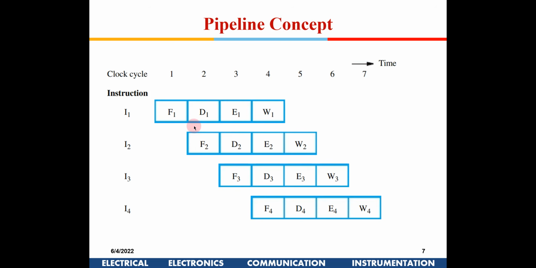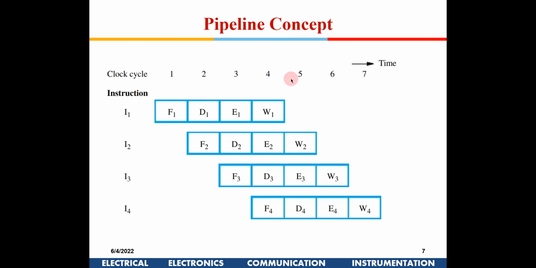Now, parallelly in the pipelining structure, once this instruction is fetched and decoding is happening out here, you can fetch the second instruction without waiting for this entire cycle to complete. In the third clock cycle, this decoded data will start getting executed. Meanwhile, this fetched data will start getting decoded, and the third instruction will be fetched out here, right? And in the fourth cycle, the fourth instruction is fetched out here.